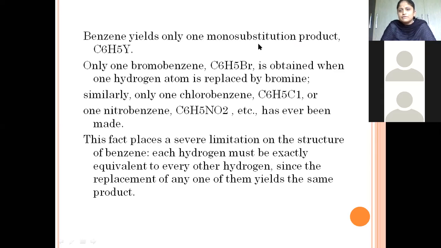So they generally prefer electrophilic substitution reactions. But benzene undergoes only one substitution reaction, that is a mono-substituted product. How? It substitutes one of the hydrogen atoms in the benzene with the help of another group. So what will be the remaining or resulting structure?